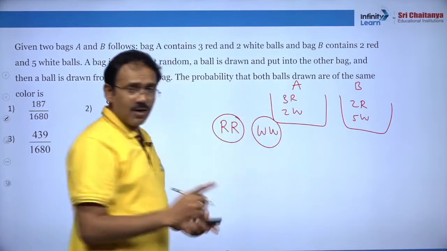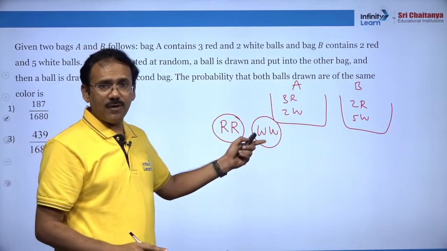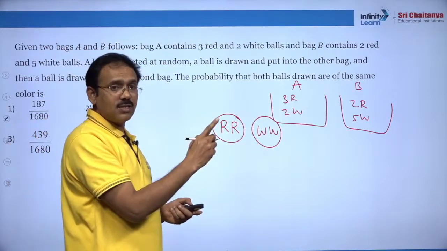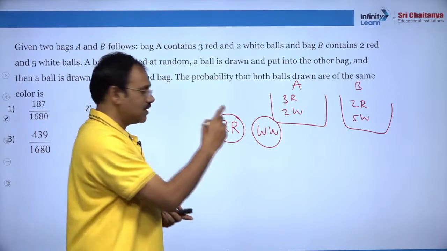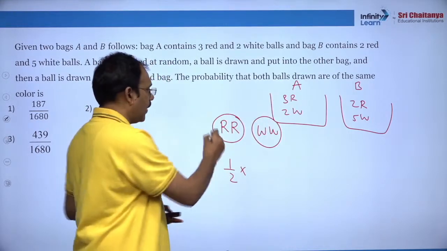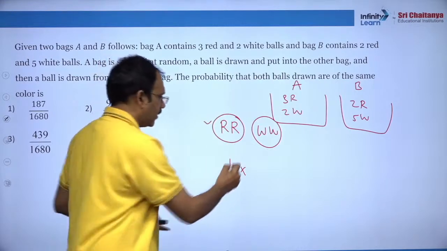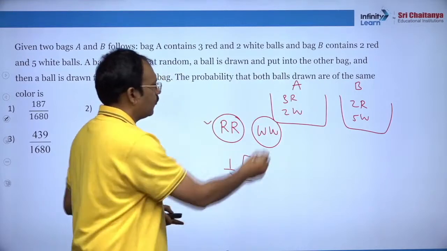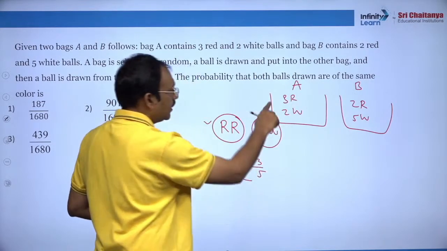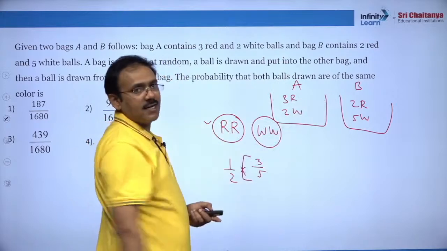So friends, first we may choose a ball from bag A or bag B, let us see both cases. First selection of the bag, it is A, chance is 1 by 2. From this, suppose I want the case both red. So bag A is selected. First the selection of red is 3 by 5. That red is placed in the second bag.